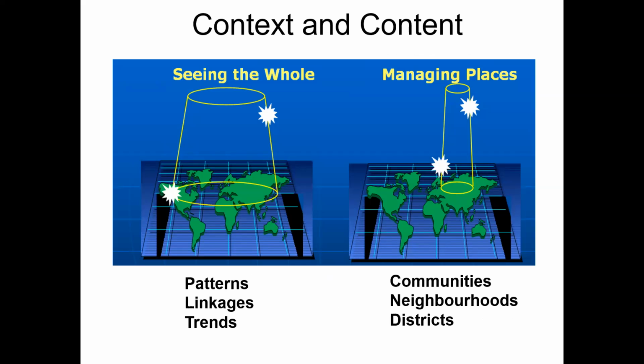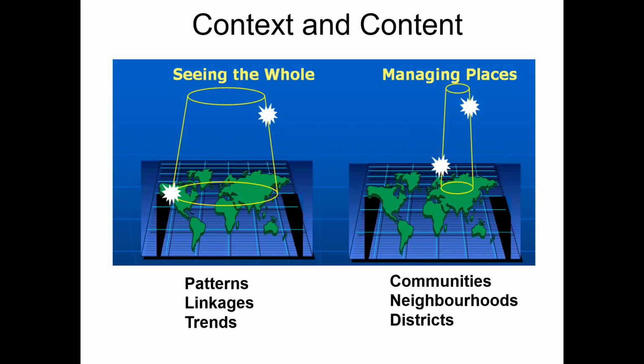Okay, we can look at the data by, for example, trying to see the whole world at a time. And what do we get when we try to analyze global data? We try to get patterns. We try to get linkages. We try to get trends. Patterns, for example, patterns of rainfall, trends of rainfall, or patterns of heat waves across the world, or patterns of cold across the world.